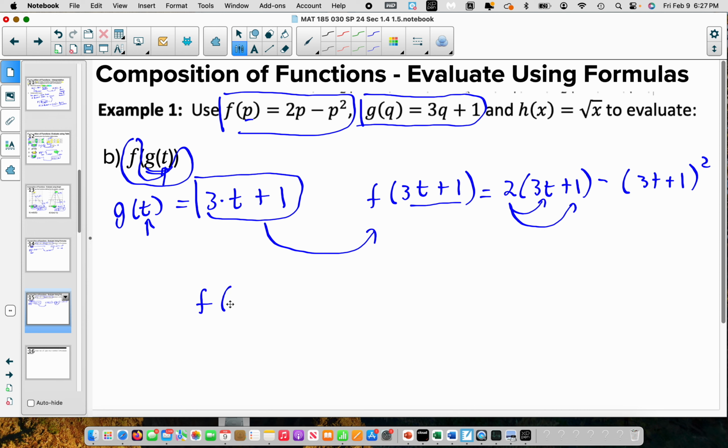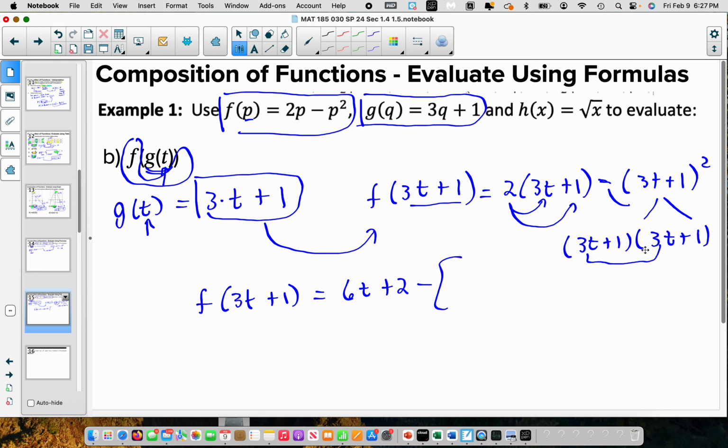So that becomes f of 3t plus 1 is equal to 6t plus 2. All right, I'm going to distribute that, not yet, minus. I'm going to expand this out. This is (3t plus 1) squared, so that's (3t plus 1) times (3t plus 1).